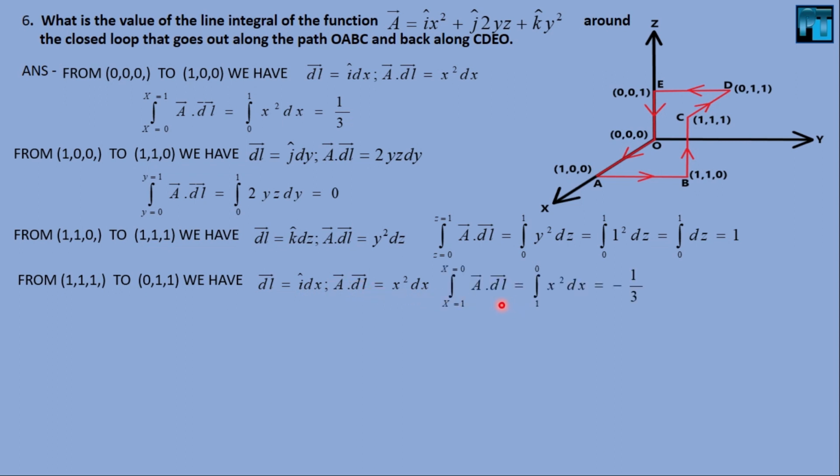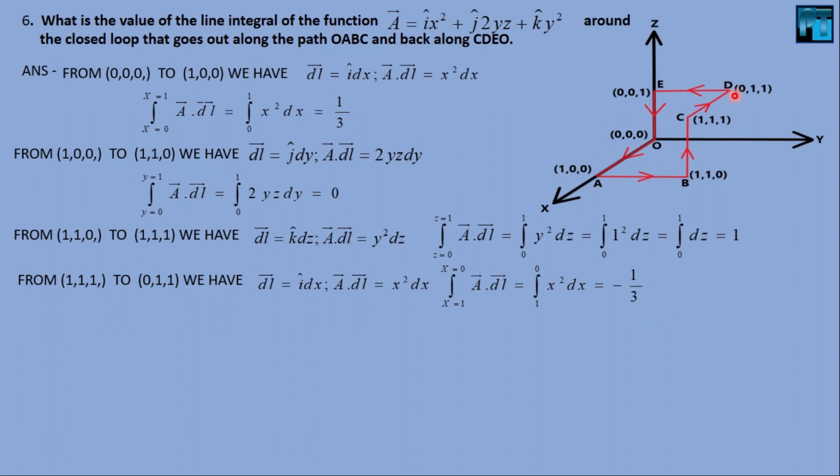Only the limit is from 1 to 0. See carefully, it was 0 to 1 earlier, but here it is 1 to 0. Don't make a mistake with limits, that will be a very fatal mistake. Now this value is minus 1 by 3.